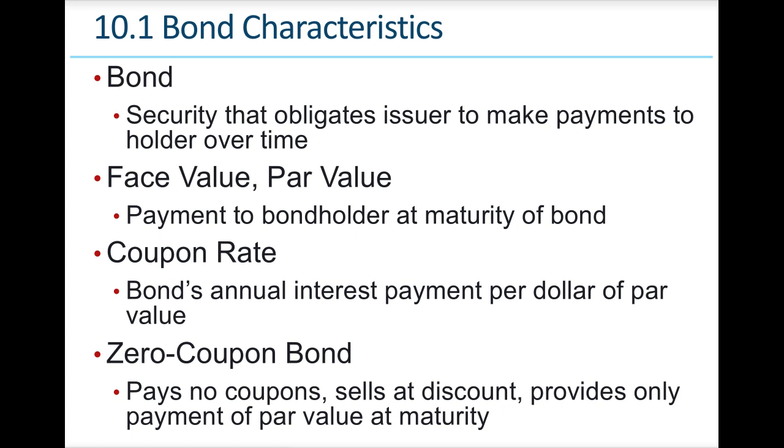When interest rates rise, the bond prices fall, and when interest rates drop, the bond prices increase. Bond pricing works a lot like stock, where the supply and demand of buyers and sellers drive the price up or down.